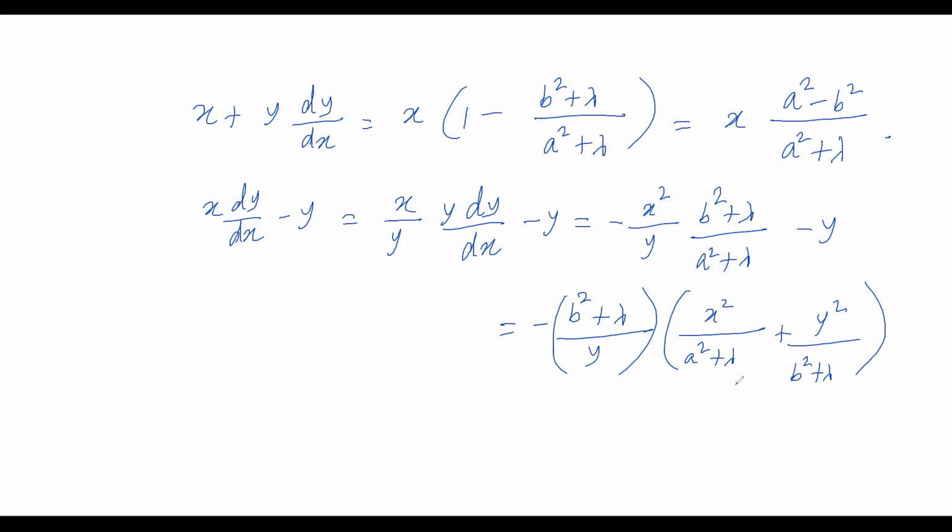And since this value is given to be 1, this finally boils down to b squared plus lambda by y. Now we have found these two values, and we just have to multiply them.